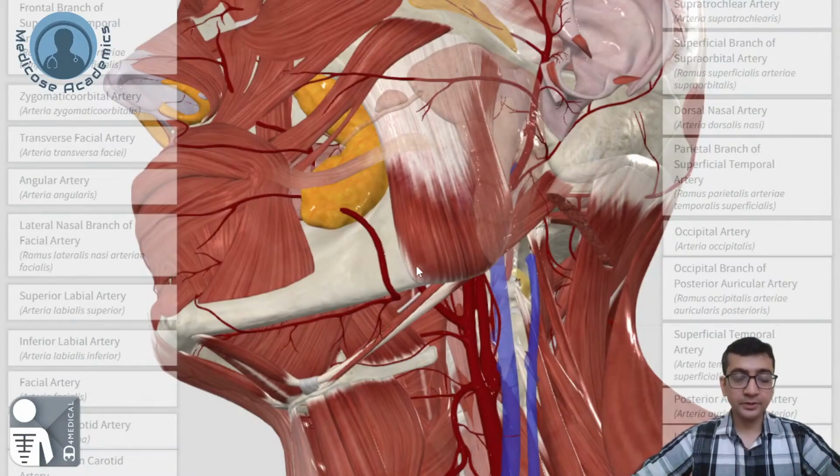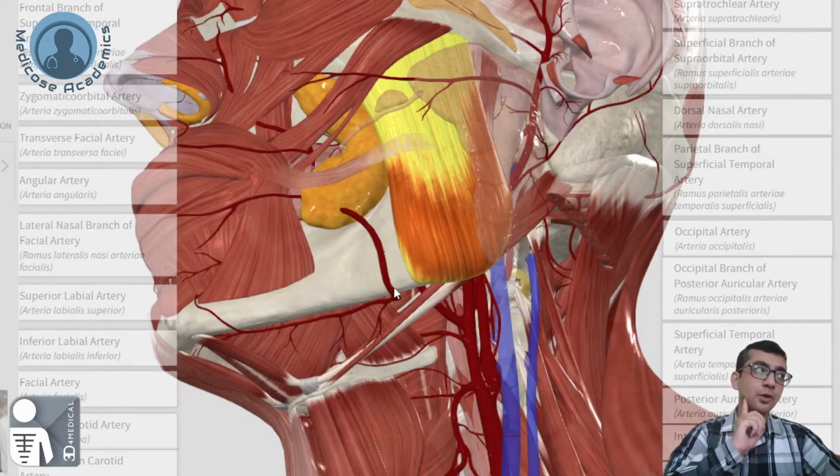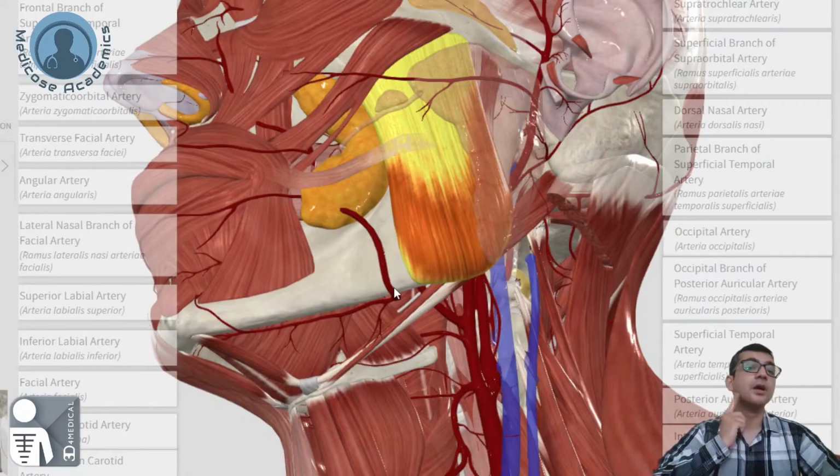In a lot of people, the bone is notched here. You may be able to feel a notch of the bone right here. If you're not able to, clench your mandible, find its anterior margin, find where it meets the lower margin of the mandible, and this is the point where the facial artery enters the face. You can actually put your finger and palpate it right here.